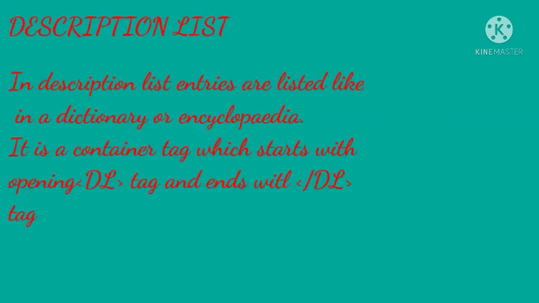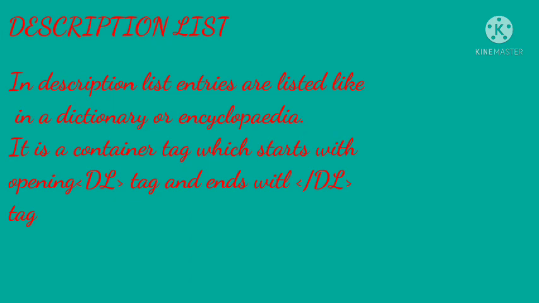Third type of list is description list. In a description list, entries are listed like in a dictionary or an encyclopedia. It is the ideal way to present a glossary, list of terms or other value or name list. It is a list of terms followed by the description.